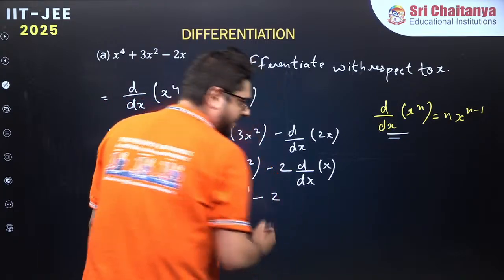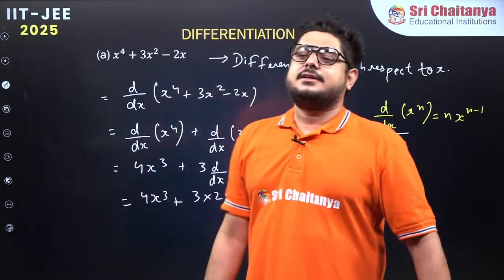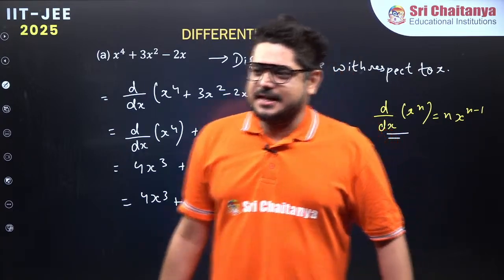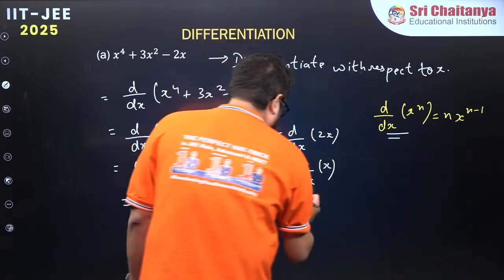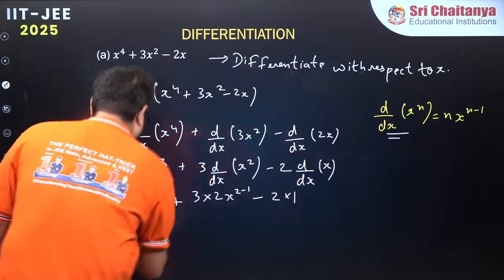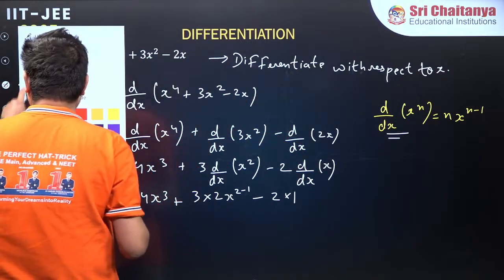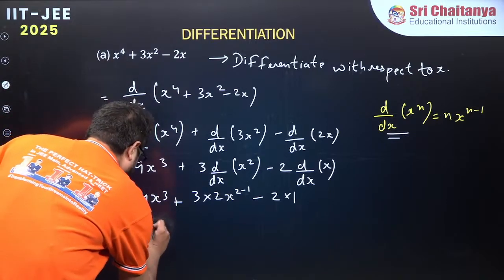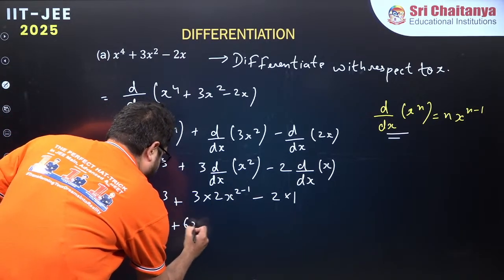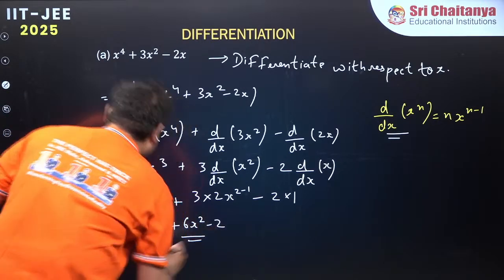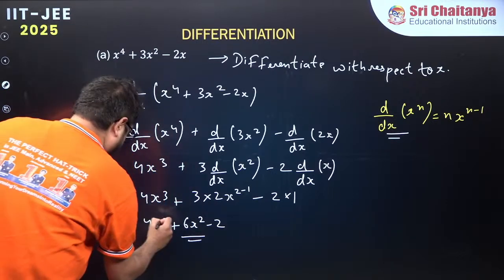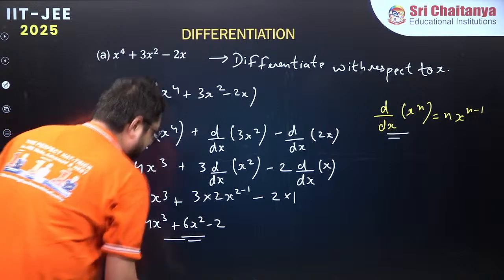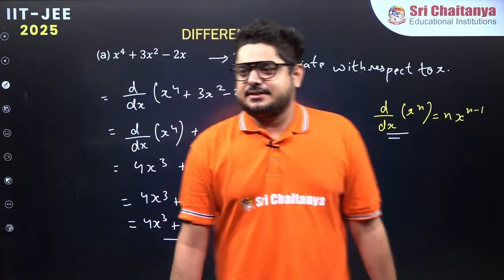What is d by dx of x? It has to be 1 itself, isn't it? So d by dx of x is 1. So as a result, in the end, I will be getting 4x cube plus 6x square minus 2. Isn't it, everyone? Hopefully I was able to find certain students answering this question perfectly.